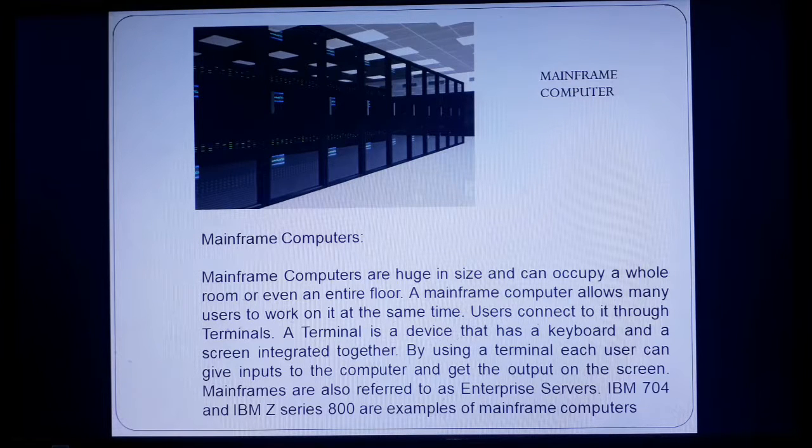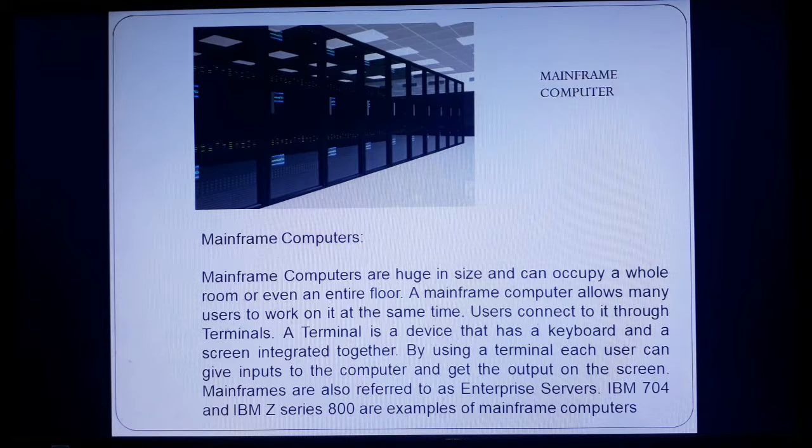So mainframe computers are huge in size and can occupy a whole room or even an entire floor. A mainframe computer allows many users to work on it at the same time. So for a microcomputer there is only one user, and for a mainframe computer many users can work on it at the same point of time.